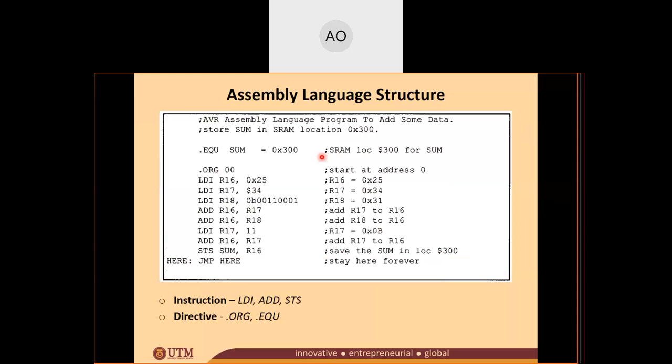This is an example of assembly language. As you can see here, this assembly language consists of two parts. One part we call the instruction, the other part we call the directive. How do you identify which one is the instruction and which one is a directive?